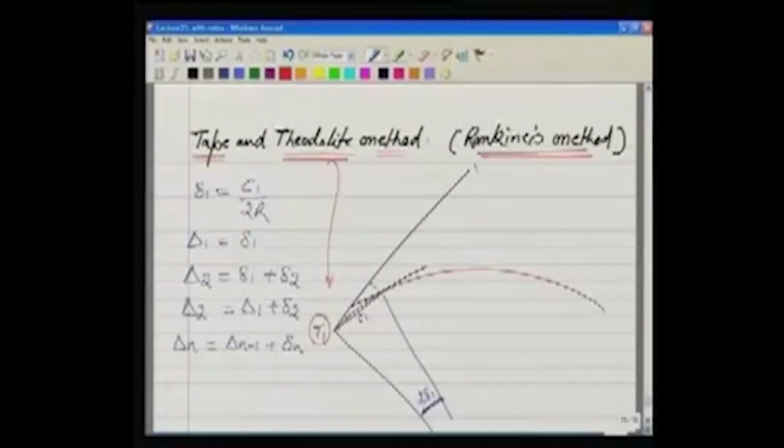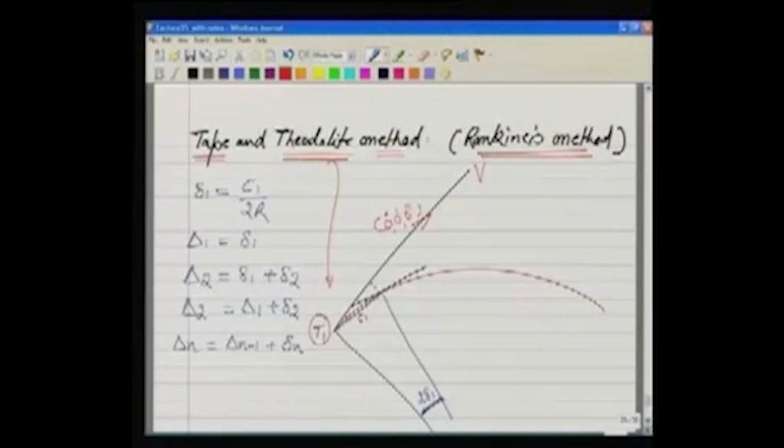We know this point V, the point of intersection, so I can align my theodolite in this direction, looking in this direction, and we can set the reading to be 0, 0, 0. We know the meaning of it.